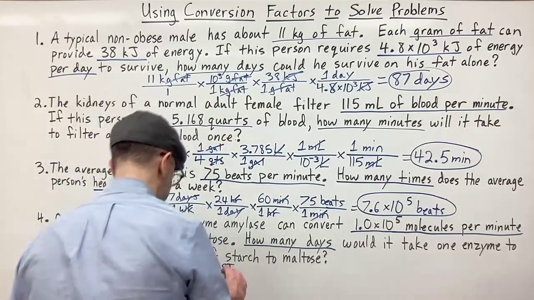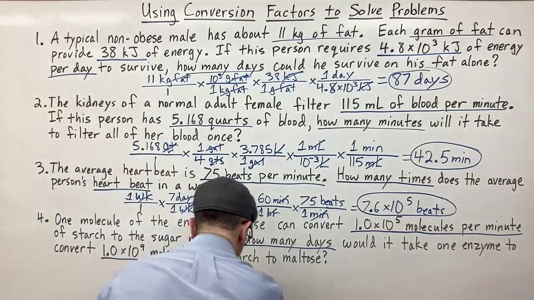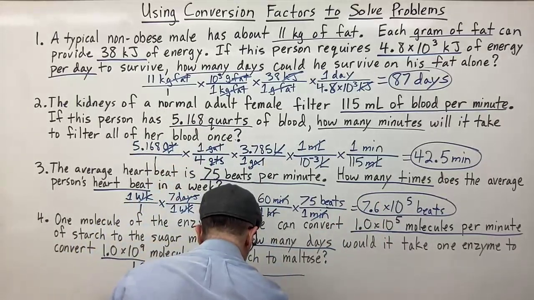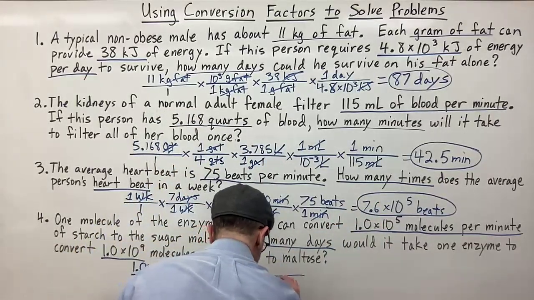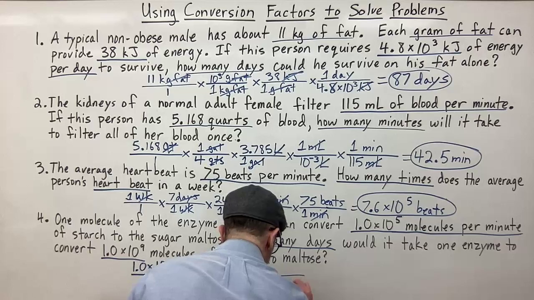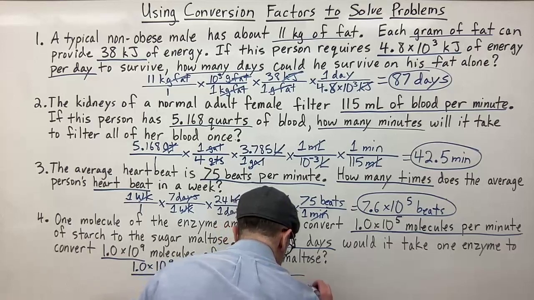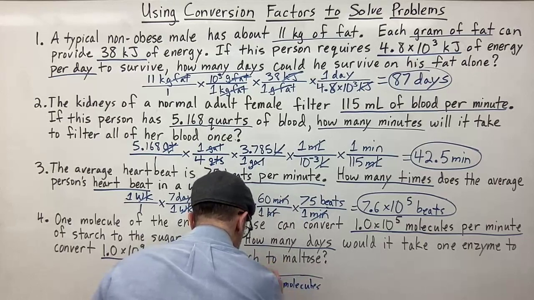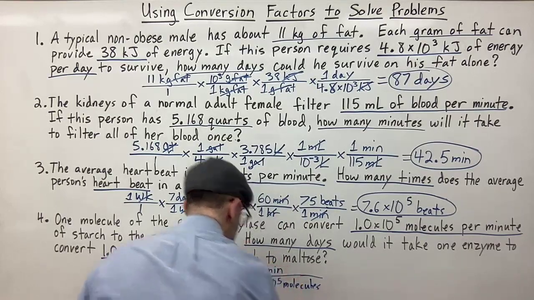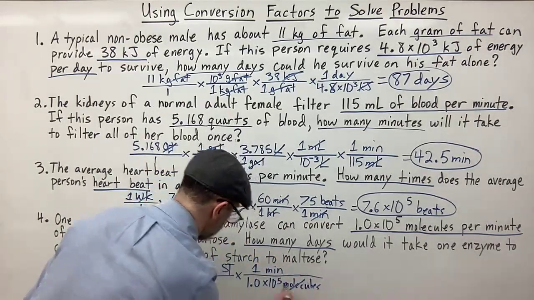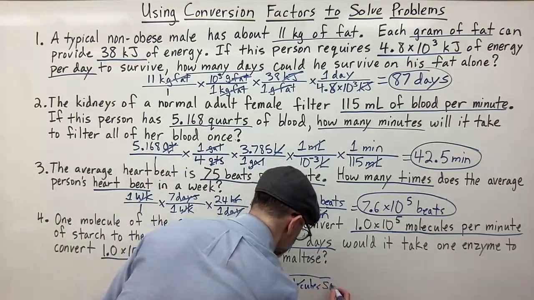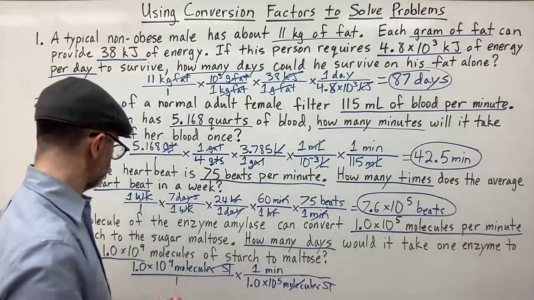So I'm going to use that. So I'm going to put the 1.0 times 10 to the 5th molecules on the bottom, and that's going to be per 1 minute. So molecules cancel out. And then again, this is molecules of starch, ST for starch.